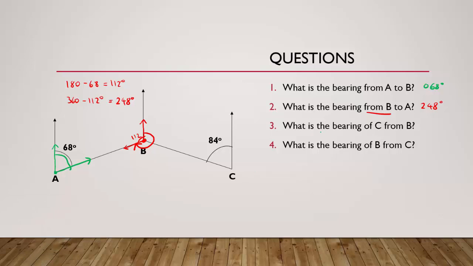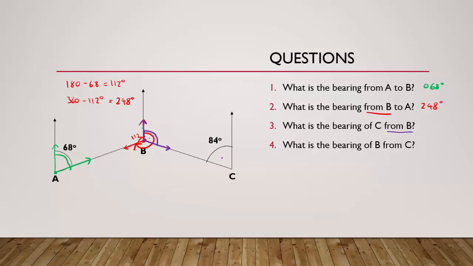Next question, what is the bearing of C from B? So again, I'm from B, so I'm on this point here. I'm going to draw myself a north line, and I want to go into the direction of C, which is in this direction here. So this is the angle that I'm after. So how do we work out this angle? Well, this angle and this angle are co-interior angles because they make this C shape here, and these two lines are parallel.